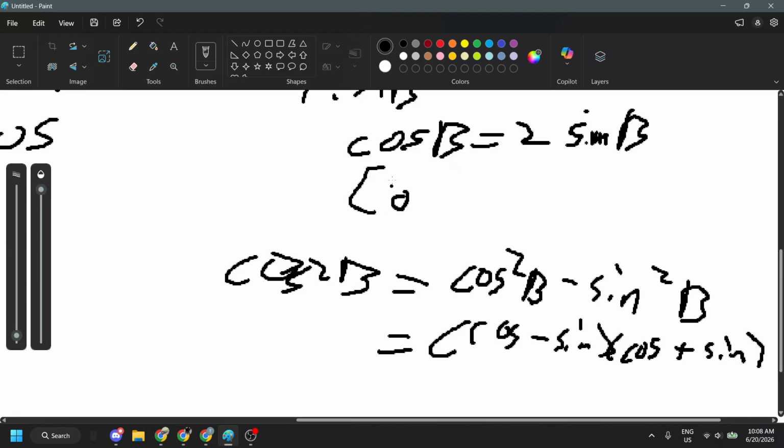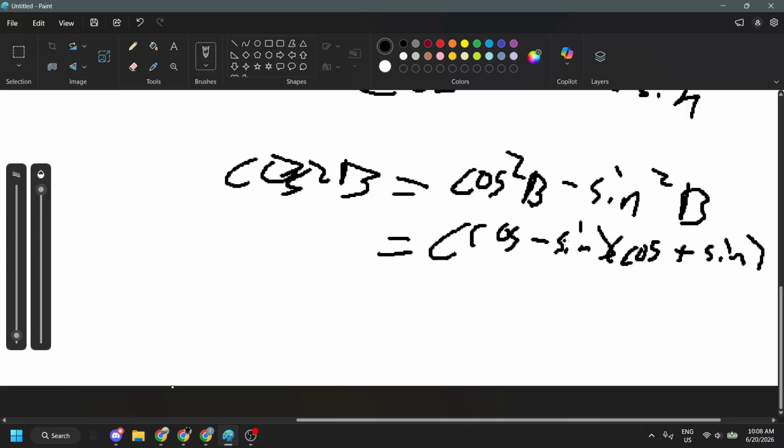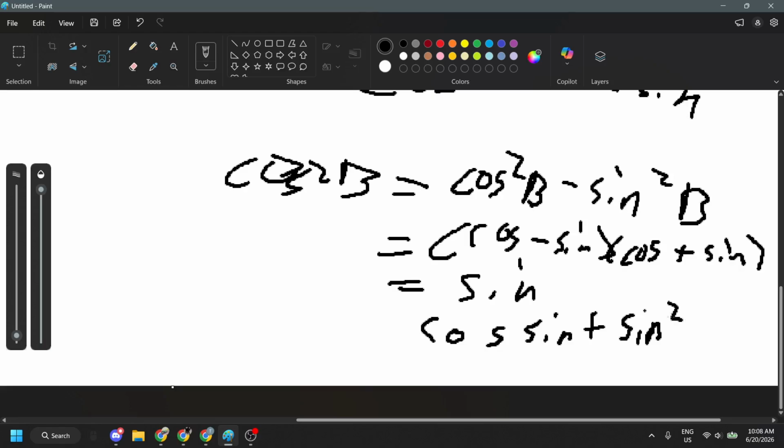We know cosine minus sine is equal to sine, so we get sine here. So I guess maybe that simplifies it.